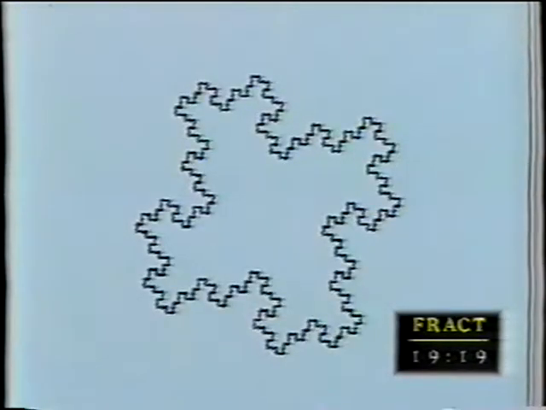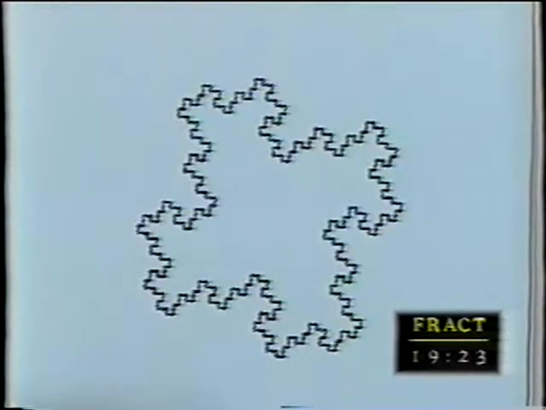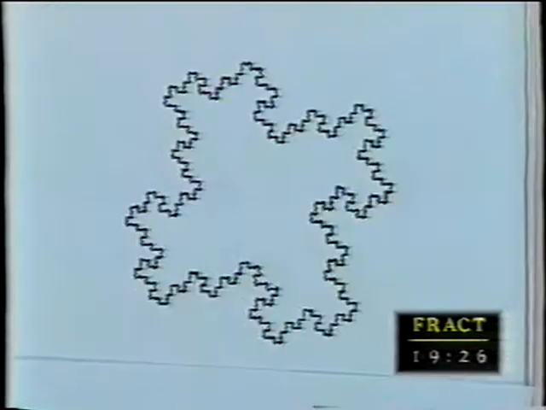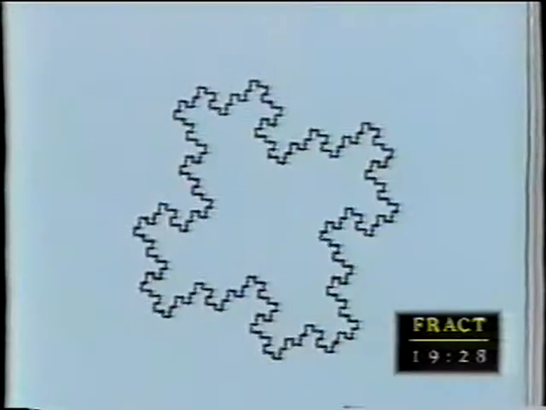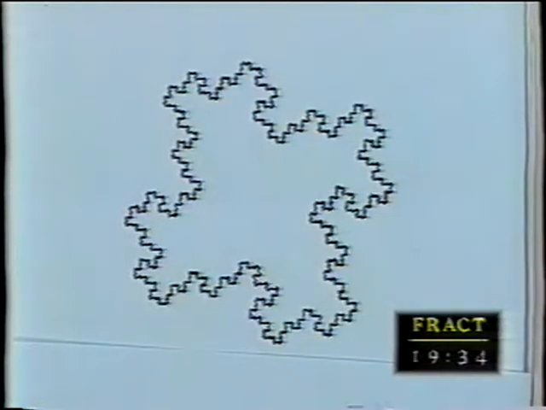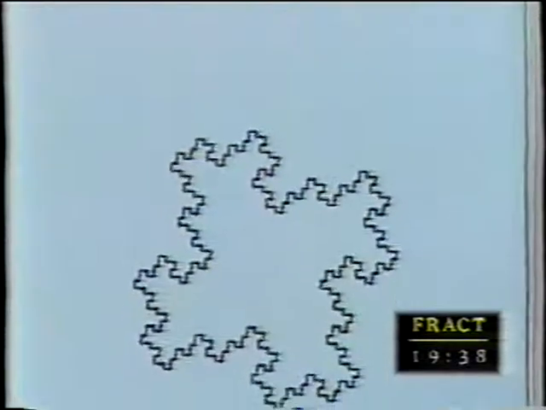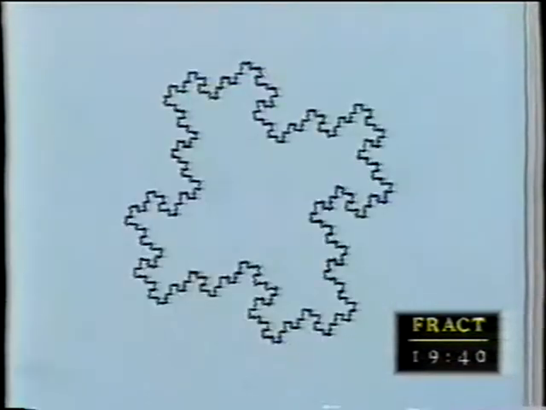Let's look at the 4-segment Von Koch snowflake and adding randomness to it. You'd be hard-pressed to show that they're different, but they actually are. This is more natural than this. Nature is not perfect. Nature has some variability to it.